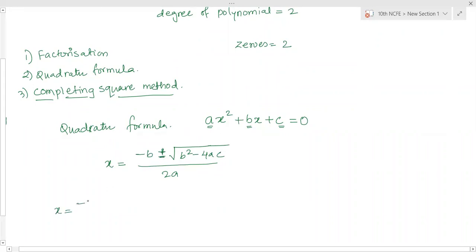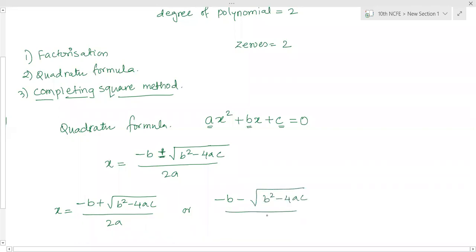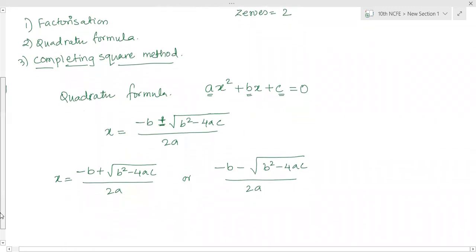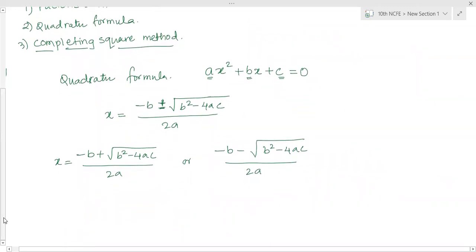One is (−b + √(b² − 4ac)) / 2a, and the second one is (−b − √(b² − 4ac)) / 2a. By solving this, we get the two values of x. So every quadratic equation will have two values.